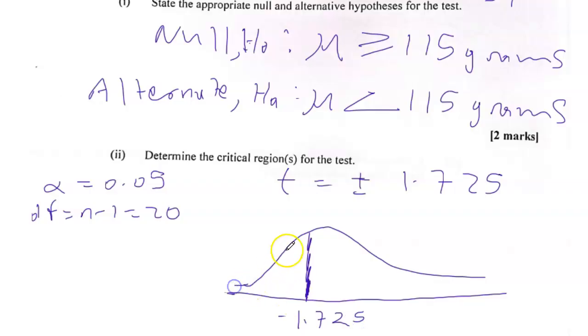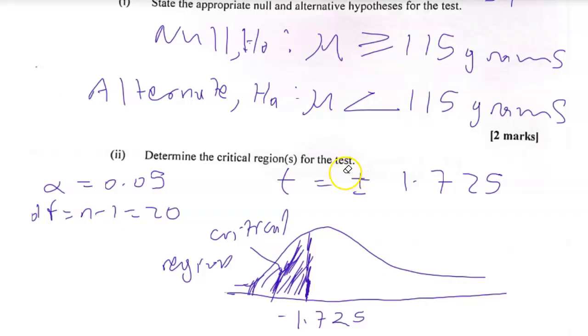So any value less than negative 1.725 is our critical region. Any value left of negative 1.725, so t is less than negative 1.725, since it's a left tail test.